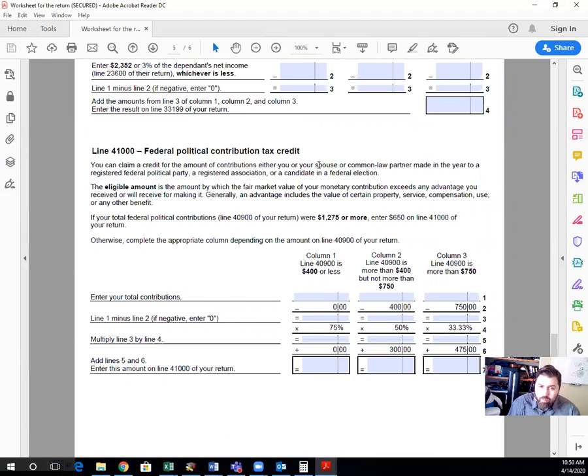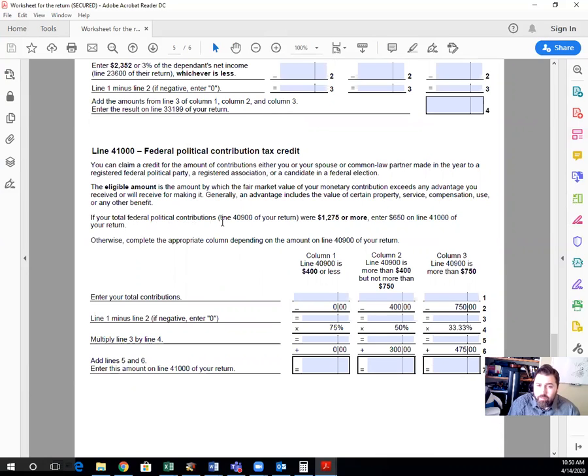So it's claimed by you or your spouse, whether you made the contribution or not, or your spouse made the contribution or not. Either of you can claim it. Eligible amount is the amount by which the fair market value of your monetary contribution exceeds any advantage you received or will receive for making it. Generally, an advantage includes the value of certain property, service, compensation, use, or any other benefit.